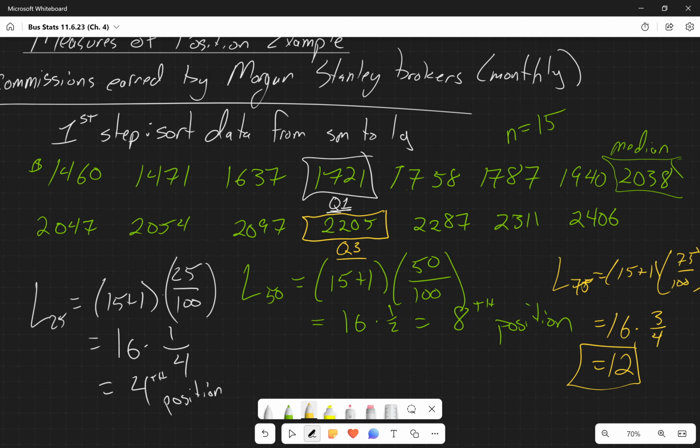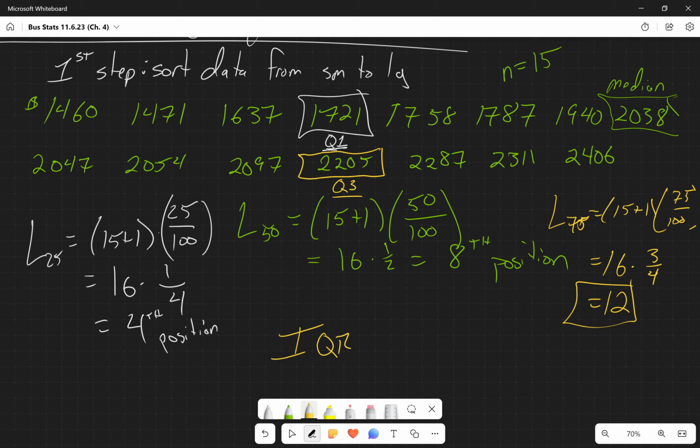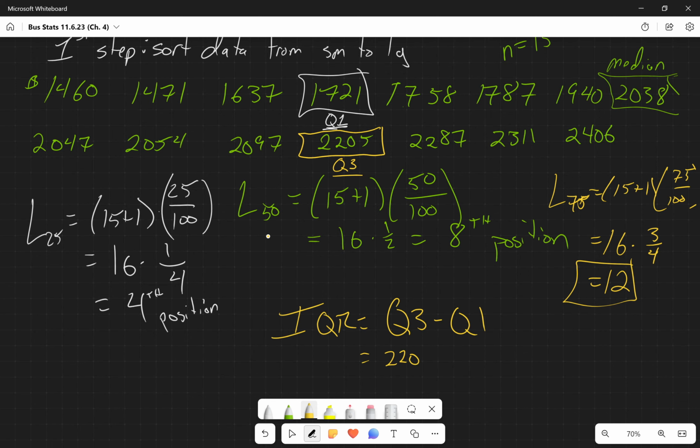So when I'm asked for my interquartile range, that's just my Q3 minus my Q1. So that's going to be equal to 2205 minus 1721, which gives us an interquartile range here of $484.